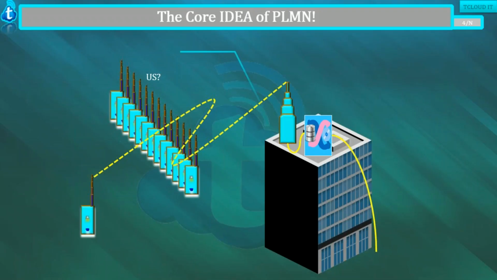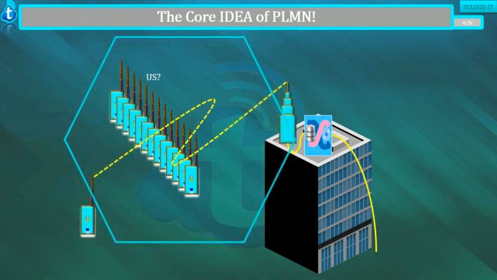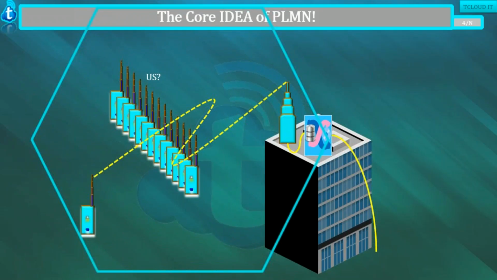And moreover, these users are spread across a location. There is always a possibility they can keep moving around, going into different locations. Even once you have decided to arrange some radio frequency for them, they won't stay stable at one place. They will be moving around from place to place.